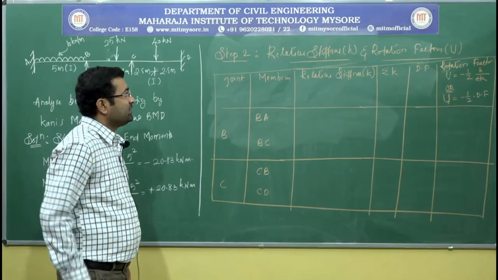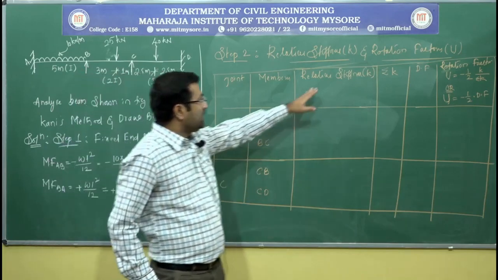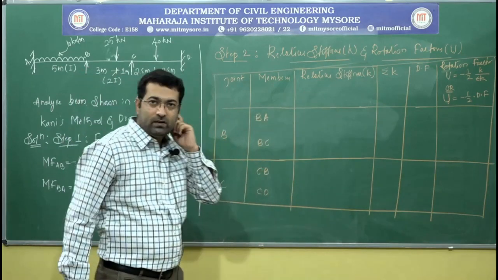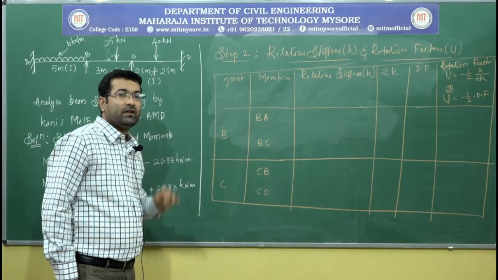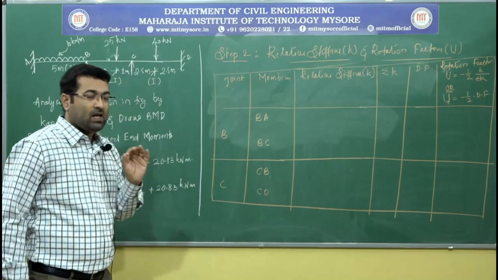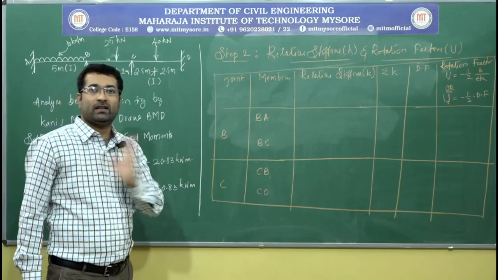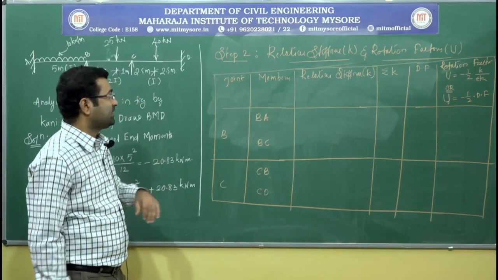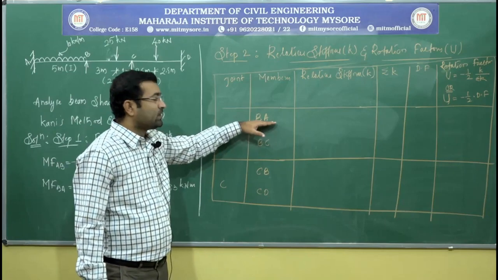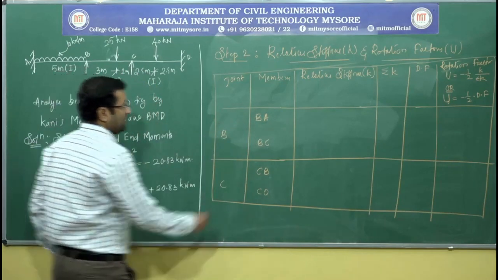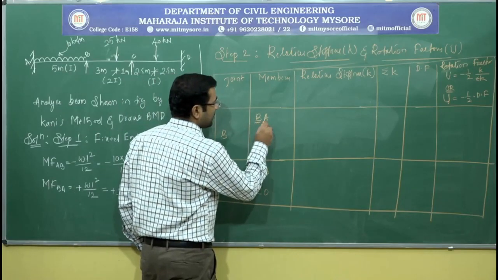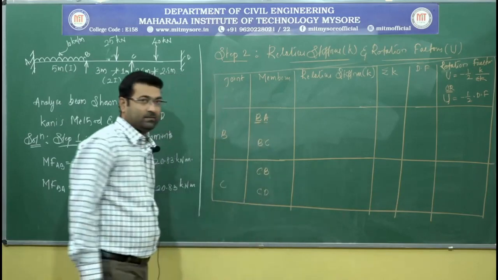The relative stiffness, the value of K, we need to determine. So to determine the relative stiffness, we usually observe how the far end condition is. For example, if I want to determine the relative stiffness for the BA member, for BA member, B is the near end and A is the far end.